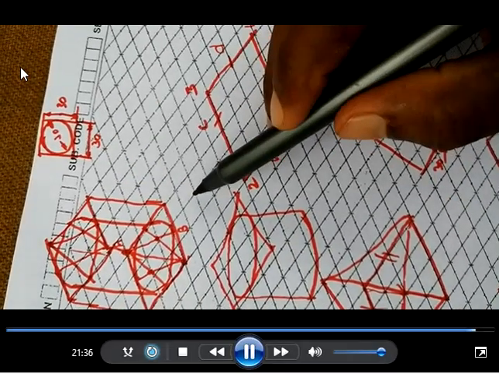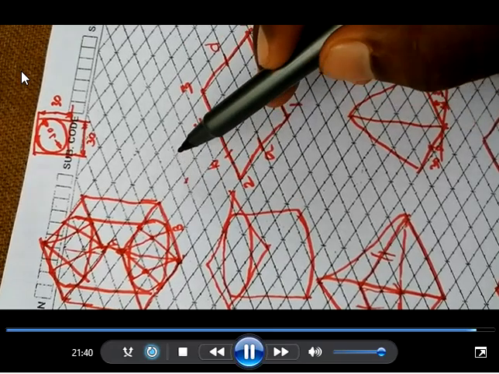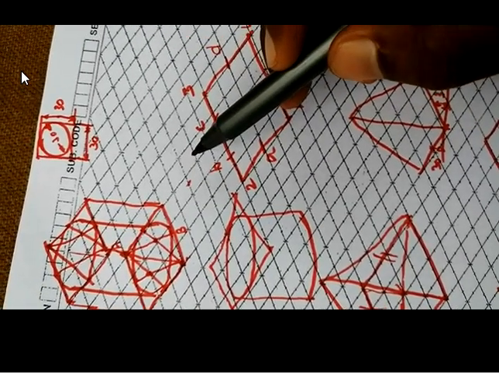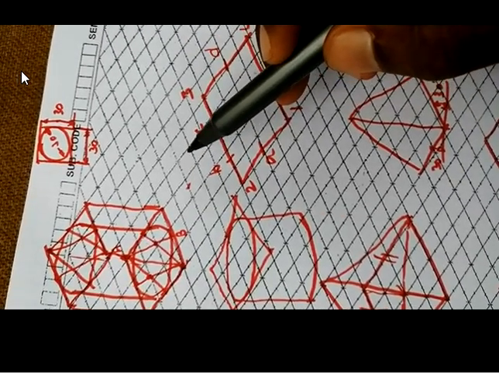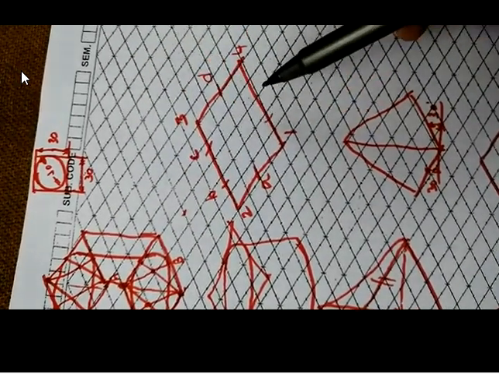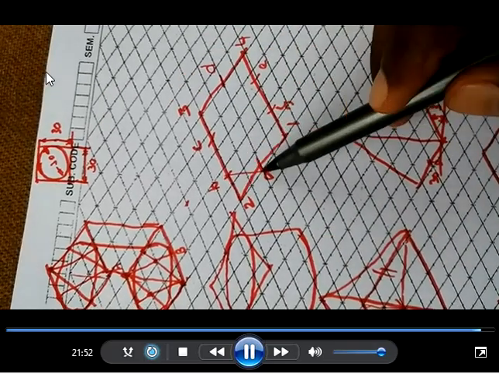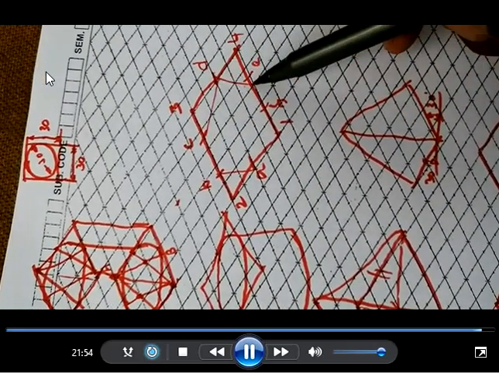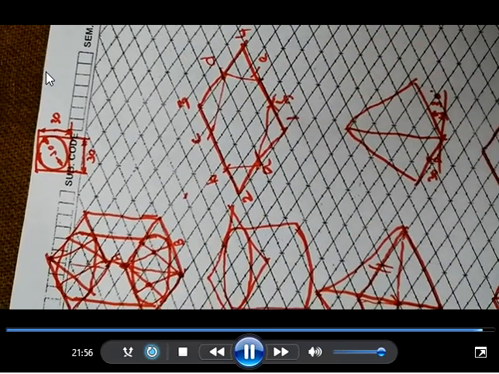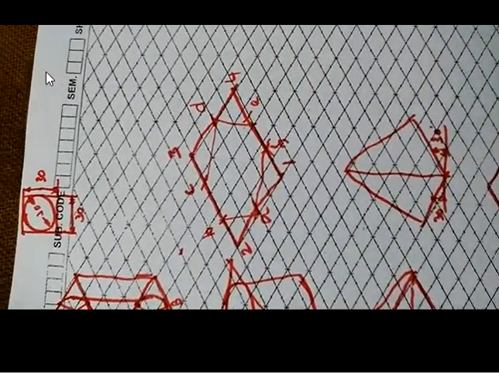Here there is a small mark in between these two lines that indicates 5 mm. Similarly, mark points E and F. Connect these points. So we have copied the hexagon onto the isometric sheet.